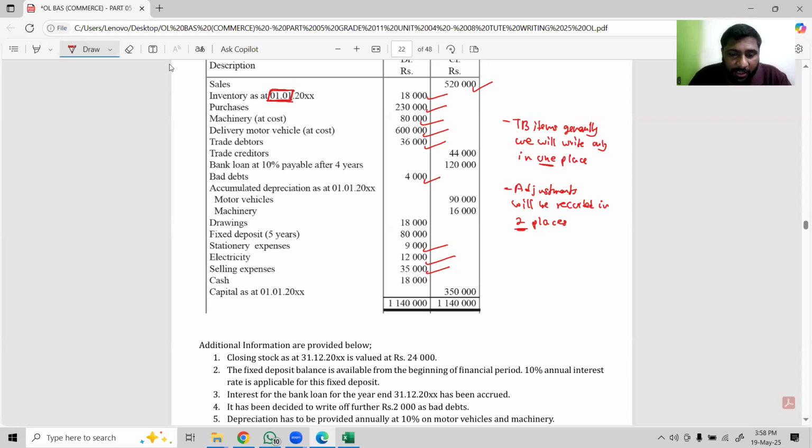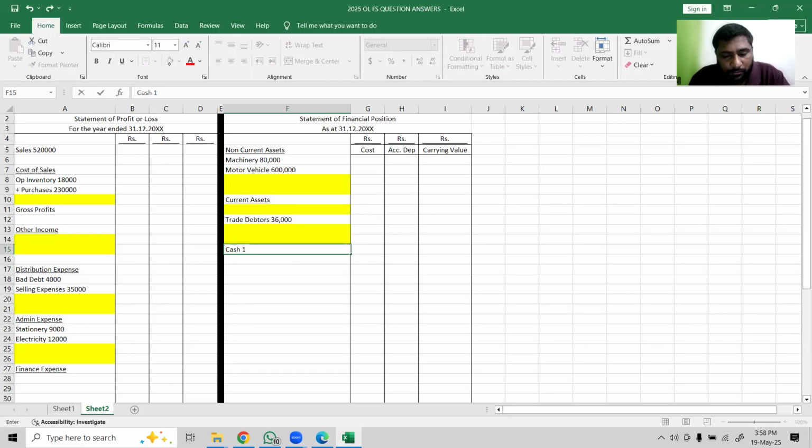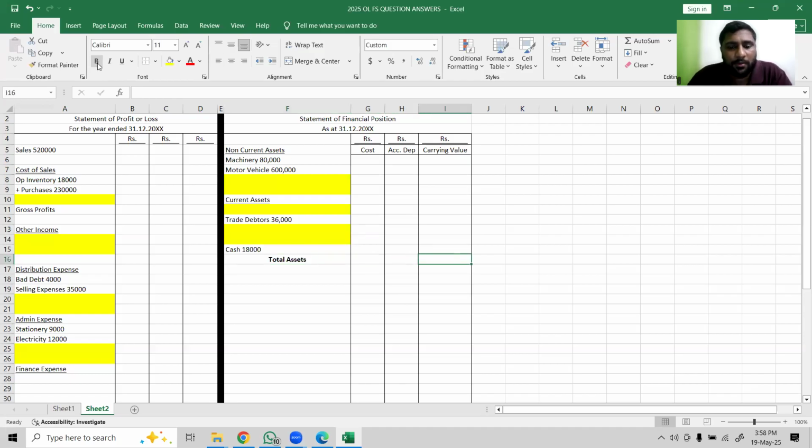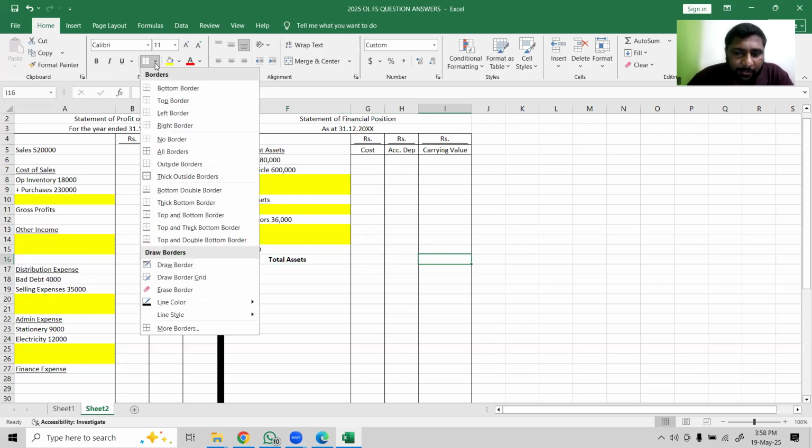Cash is 18,000. Then total assets. I'll put the double line and keep it like this.